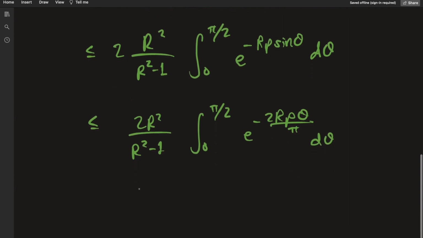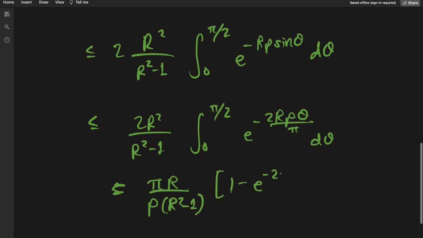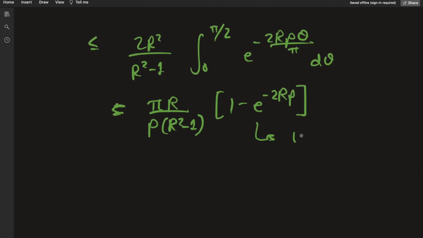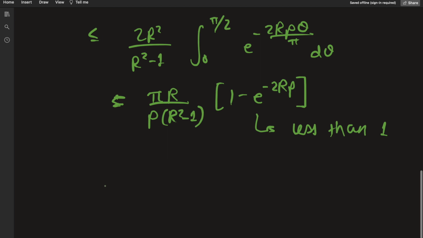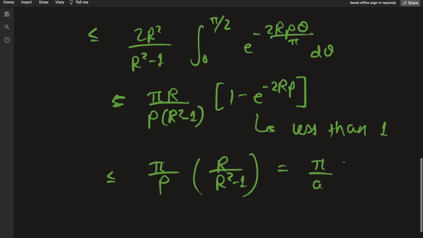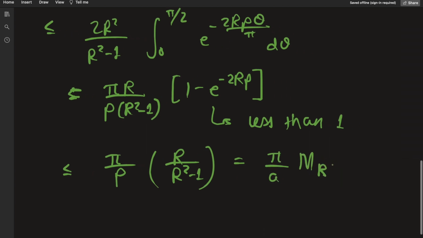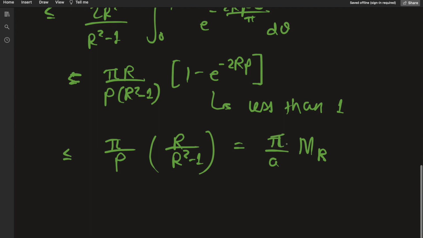If you actually solve this, you end up with pi r over p times r squared minus 1, times 1 minus e to the negative 2rp, and this quantity is always going to be less than 1 entirely, which means that this entire thing is less than pi over p times r over r squared minus 1, which is precisely pi over a times m sub r. And this is exactly the result that Jordan's lemma promised us, this inequality.